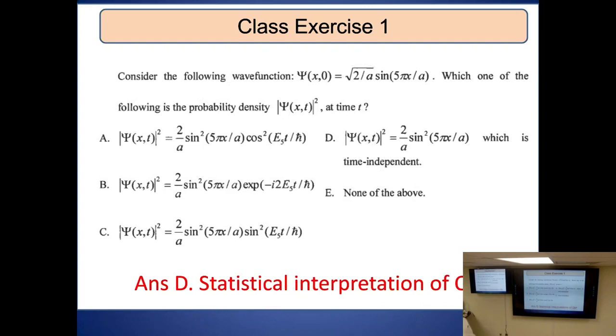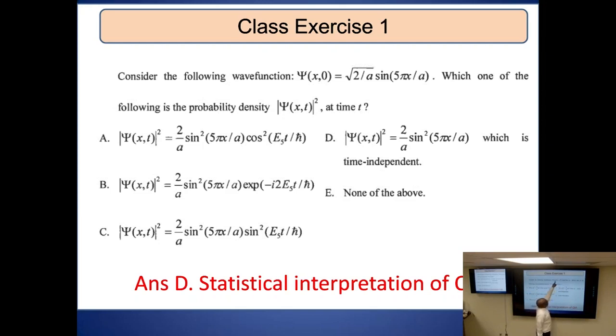Why is it time independent if I know that there's no t inside of anything, but why is it x of t if it's time independent? Why is the wave function x of t, the wave function of x comma t, and then it says it's time independent? Okay, so probability density at time t.